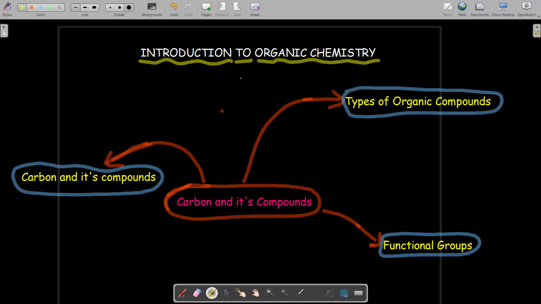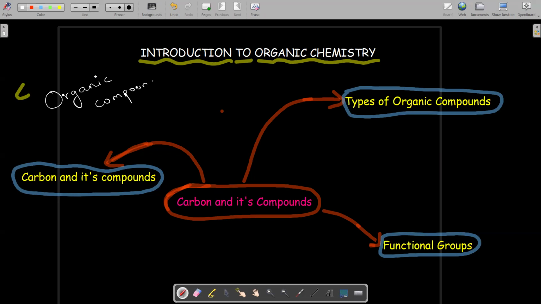So anything which has carbon in it is called an organic compound. Anything which is carbon based is called an organic compound.